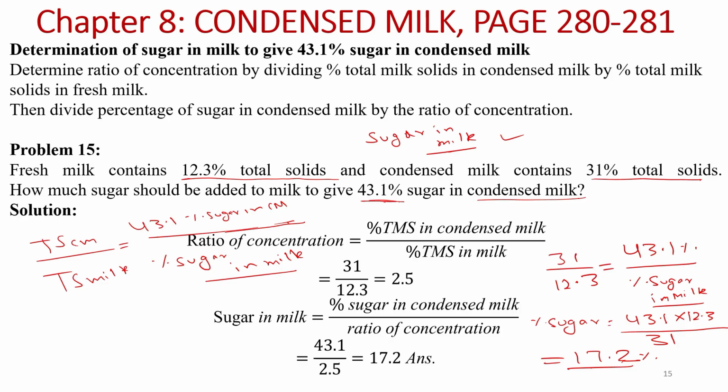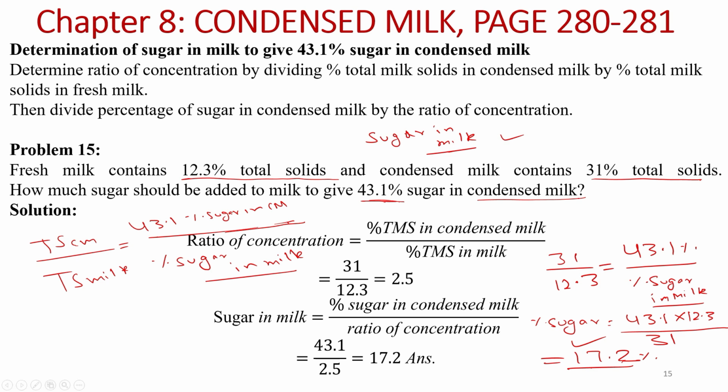So if you want to have 43.1% sugar in condensed milk, then in milk the percentage sugar should be 17.2, depending on how much concentration has taken place. Here we see that concentration of 31 divided by 12.3 has happened, so that's why percentage sugar in milk is supposed to be 17.2% to have 43.1% sugar in condensed milk.